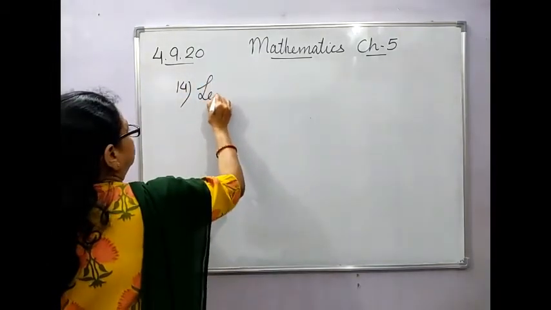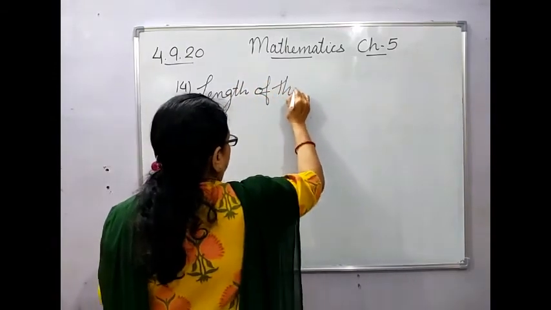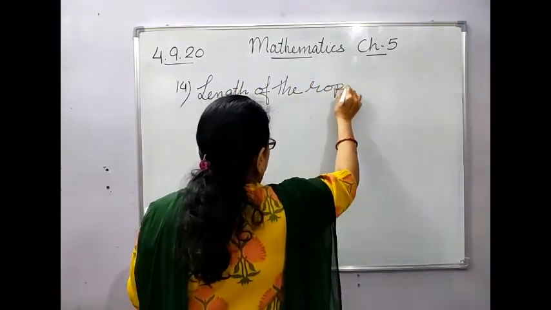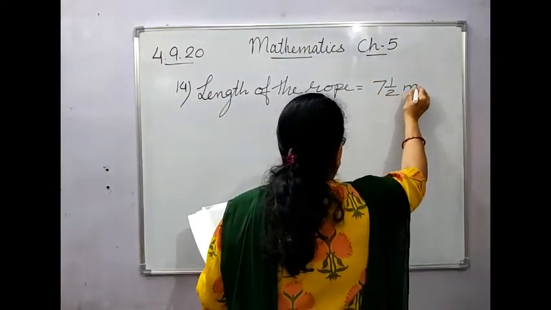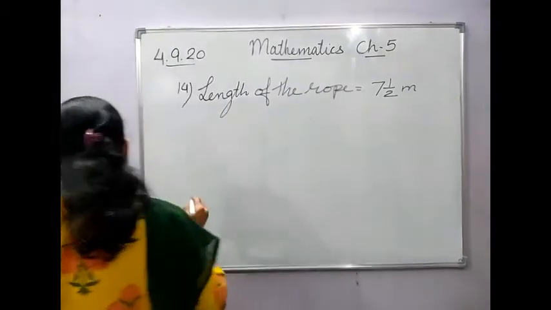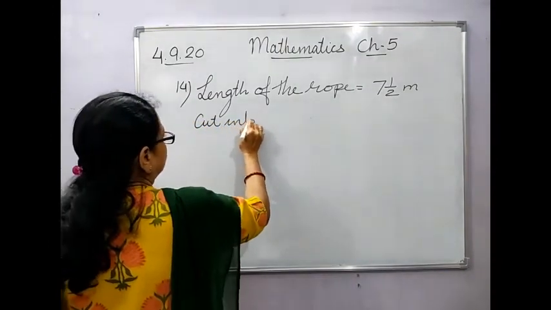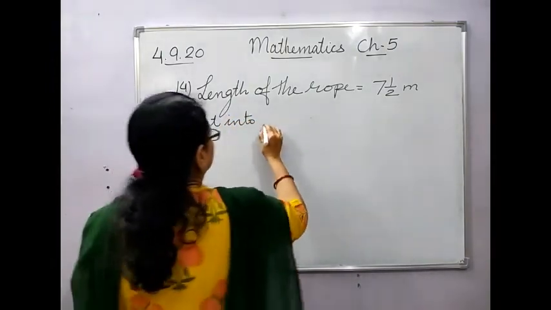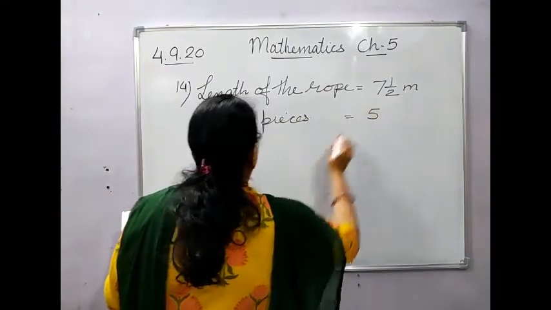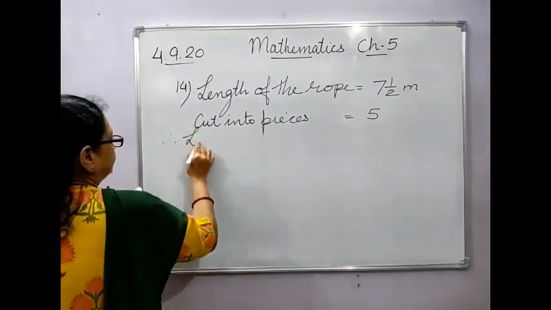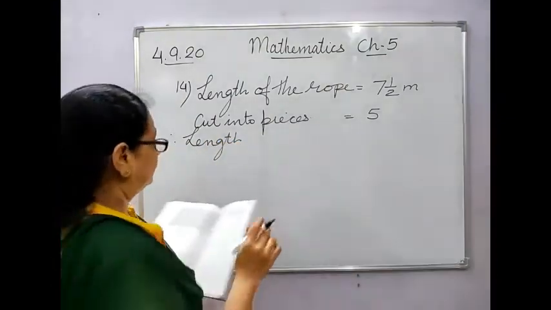Length of the rope is 7.5 meters. Cut into 5 pieces. Therefore, they have asked for the length of each piece.